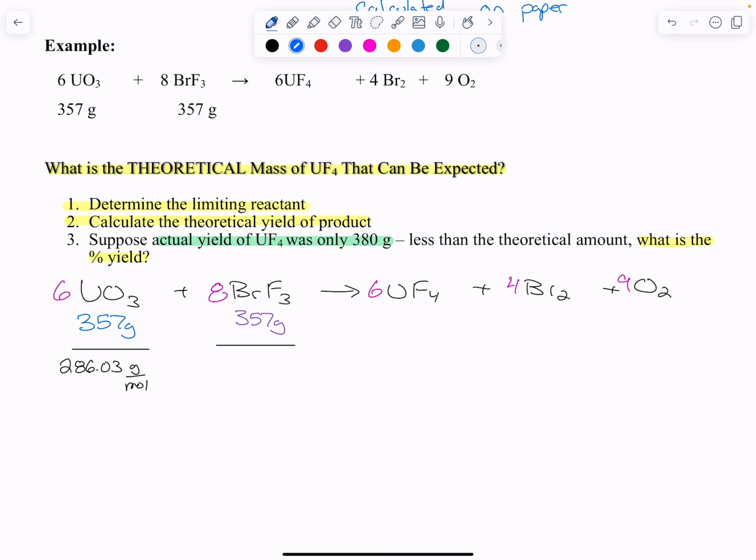If we do that math, 357 divided by 286.03, I get 1.25 moles. For bromine trifluoride, bromine is 79.9 and fluorine is 19, 3 of those, I get 136.90. If I do that math, it looks like I get 2.61 moles.